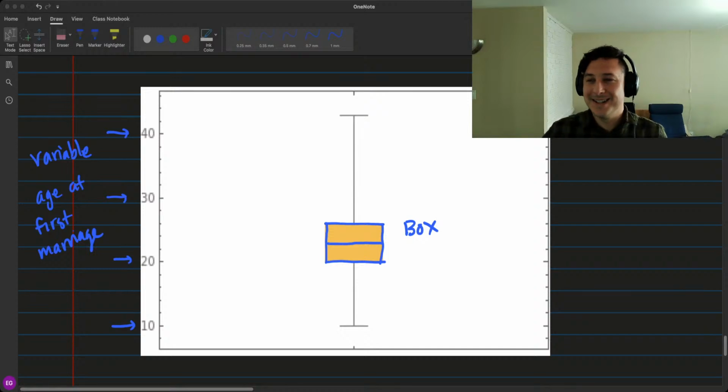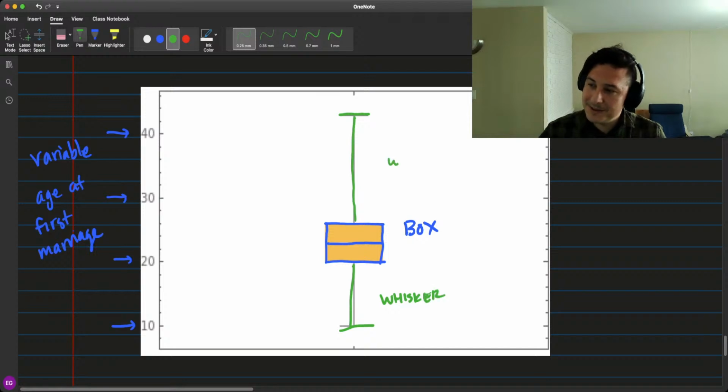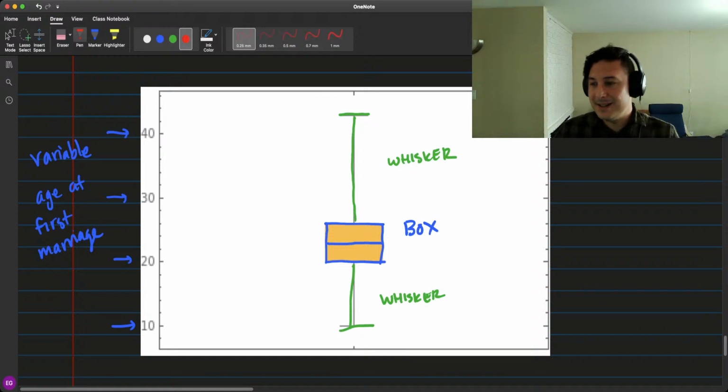Yeah, so that's the box. This part, these are the whiskers. I mean, sort of makes sense once you give the name. Okay, there is a line in the box, right here.